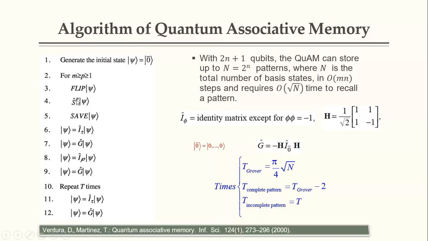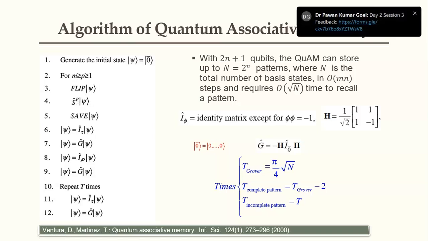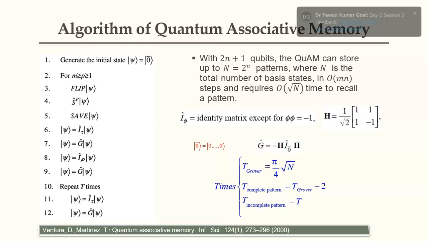Then this subroutine applied to |psi>. This is the subroutine or operation that encodes more data or transforms the state in some way. It helps in refining or manipulating the state to better represent the desired memory pattern.